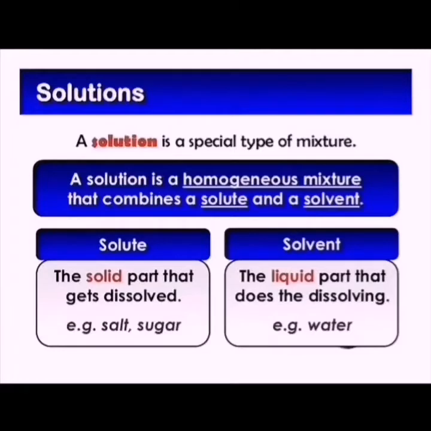In short, solute plus solvent gives solution. For example, salt plus water gives salt solution. In this, the solid part that gets dissolved is called a solute, for example salt, and the liquid part that does the dissolving is called a solvent, for example water.